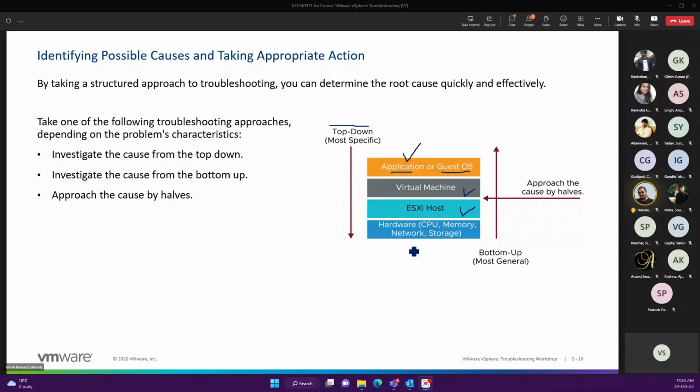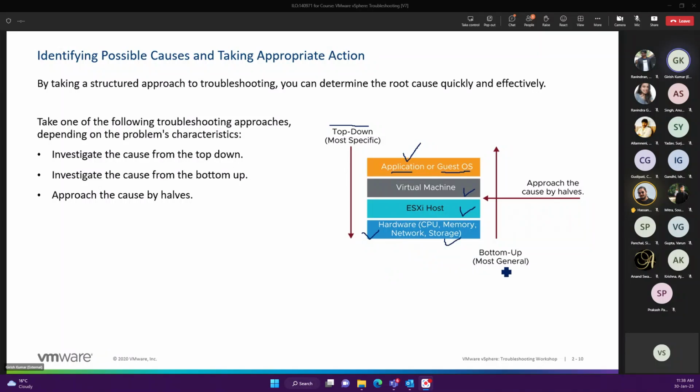And then we're going to see the hardware level. Recently we deployed one new LAN card which is not supported or has some kind of bugs. And then finally we're going to see the storage.